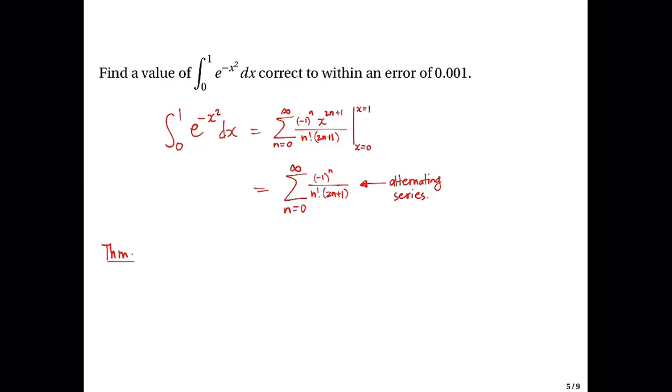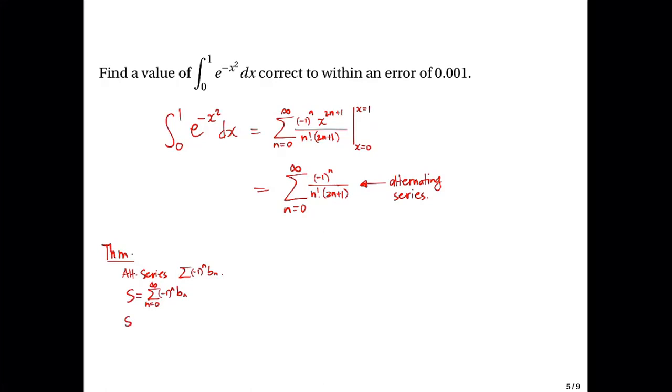So if we have an alternating series, let's just say it's of the form negative 1 to the n b sub n, okay? And let us put S to be equal to the sum, which starts with 0, n equals 0 to plus infinity, negative 1 to the n b sub n.